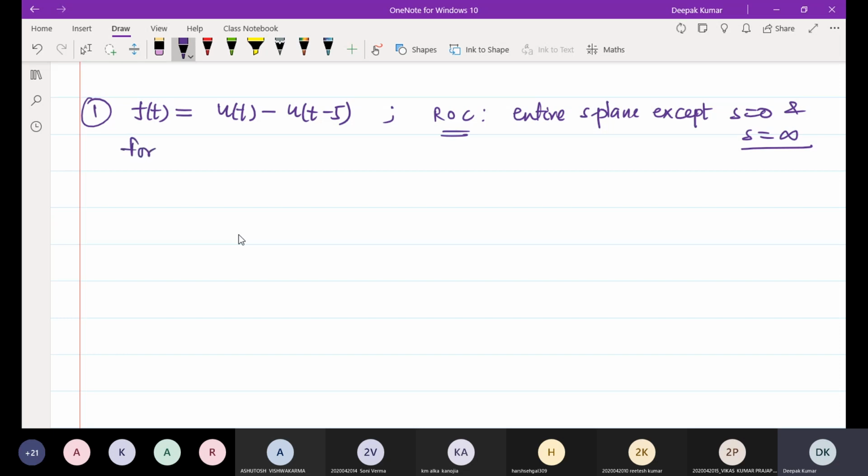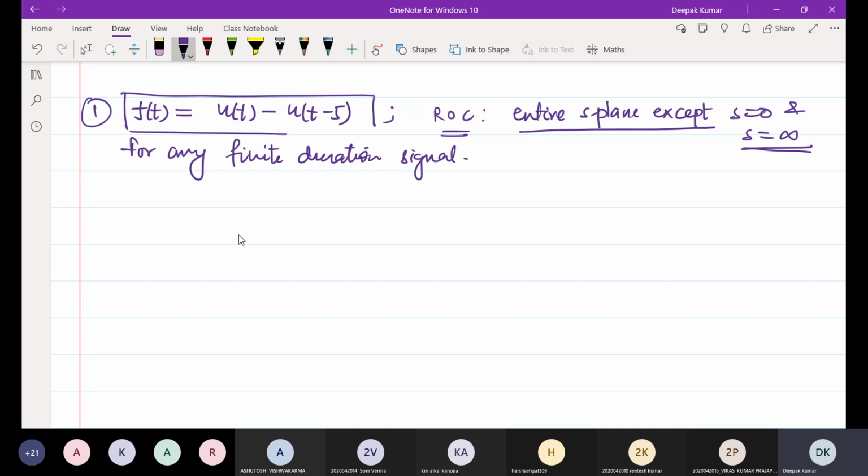For any finite duration signal, this is one example of a finite duration signal. The ROC will be like this. This is one property. You can solve this example and try to see any time duration signal or whatever you find. You can consider that example by your own intuition.